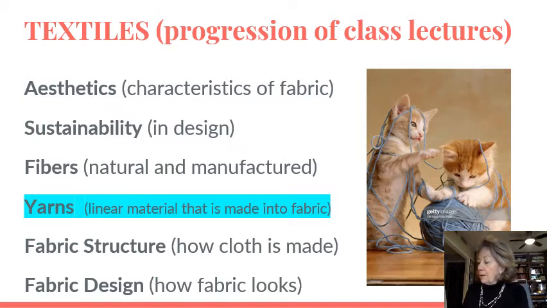We talked about natural fibers and manufactured fibers, and we'll review that chart in just a minute. Today we're going to talk about yarns, the linear material or the fibers that are made into fabric, how all those fibers that we learned about last week actually are twisted into yarns.